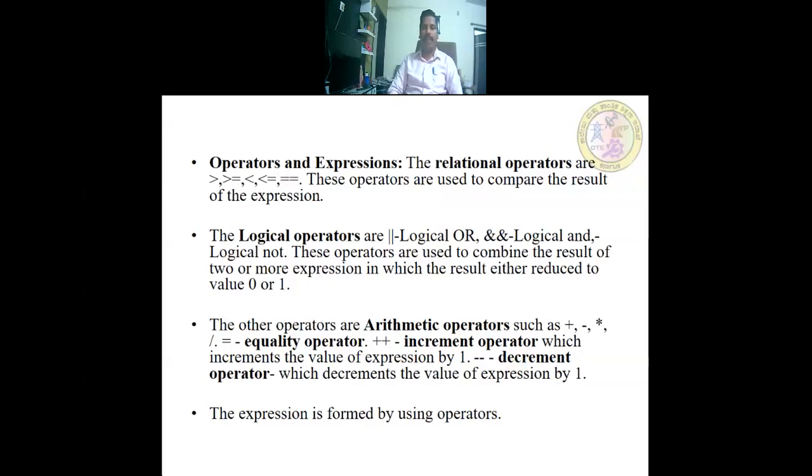An expression is always formed by using operators. The calculations for the expressions, we can easily do by following some exercises in the textbooks.